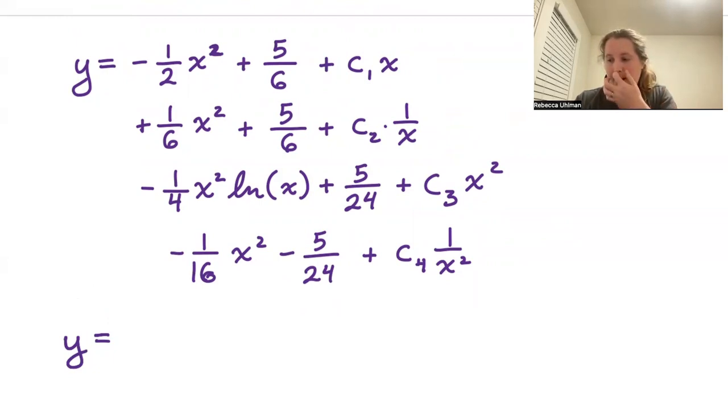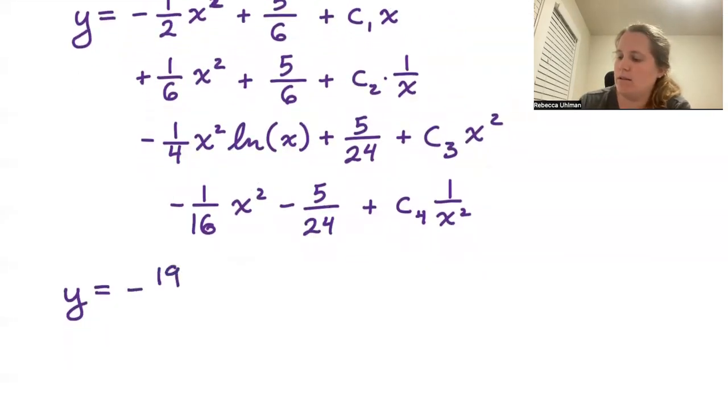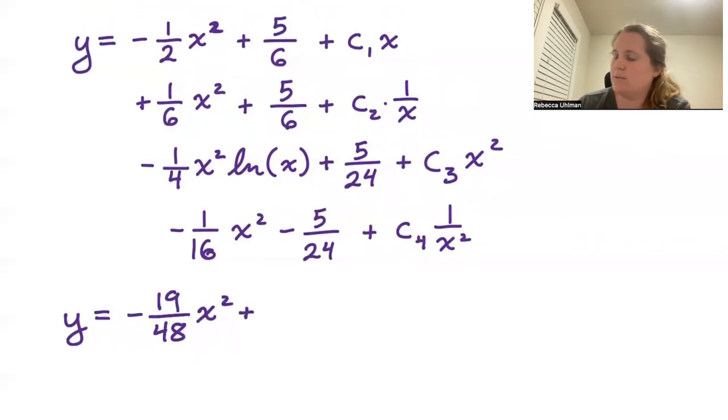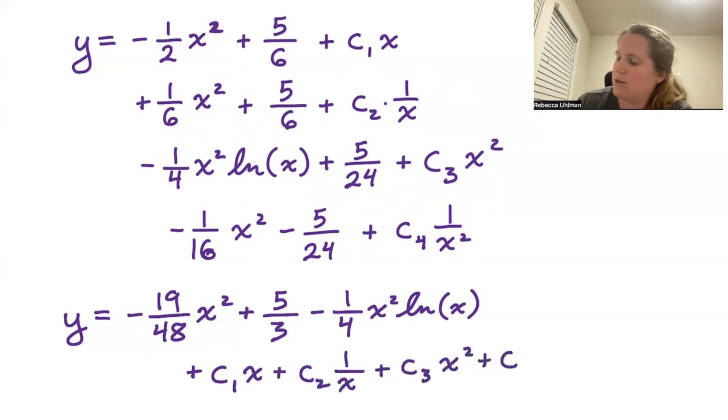We would be looking at a negative 16/48 minus 3/48 for a negative 19/48 x squared plus 5/6 plus 5/6 is 10/6 or 5/3. And then we have minus 1/4 x squared times the natural log of x. And then followed by our homogeneous plus c1x plus c2 times 1 over x plus c3 times x squared plus c4 times 1 over x squared.